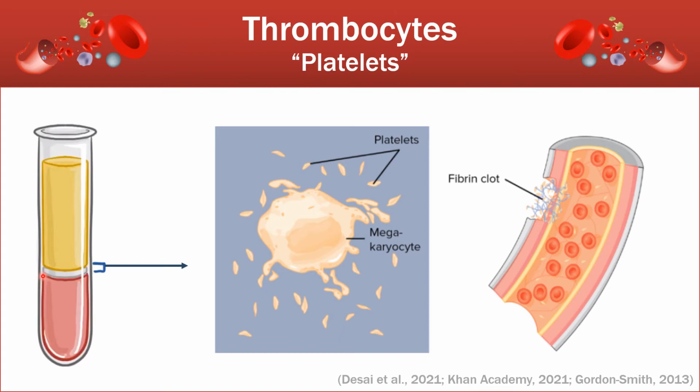They're intermixed in this layer and throughout the blood for a very important reason. If a blood vessel were to experience some sort of trauma and start to leak blood, these platelets go to the site and clump together to form a plug that helps seal off that damaged blood vessel and prevent further blood loss.